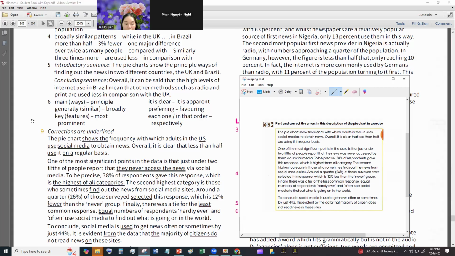Do you find any new language items, new words and phrases in this writing that you find useful?